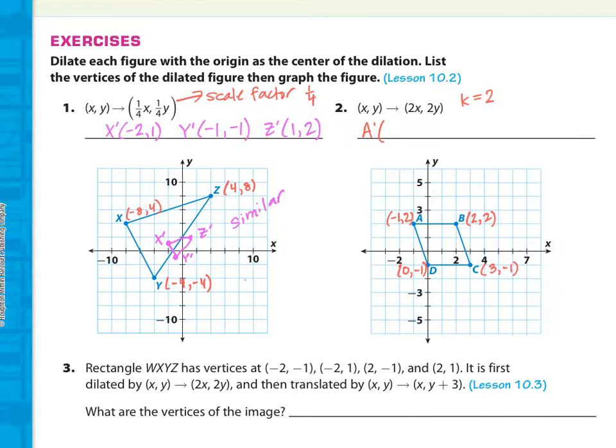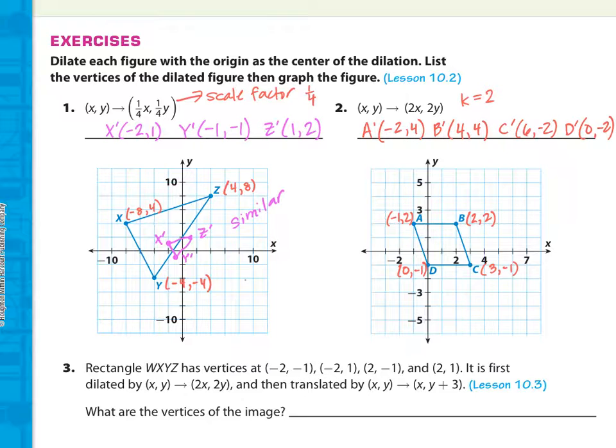A prime, when I multiply the -1, 2 by 2, I get -2, 4. B prime is going to end up being 4, 4. C prime is 6, -2. And D prime is 0, -2.